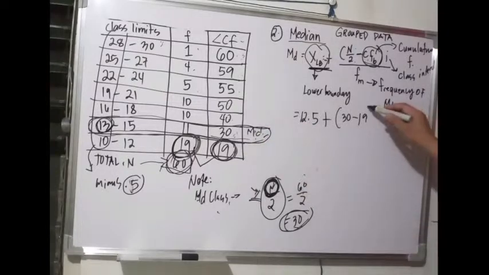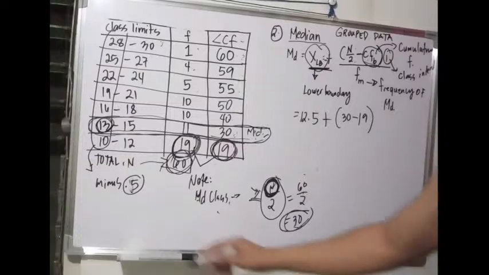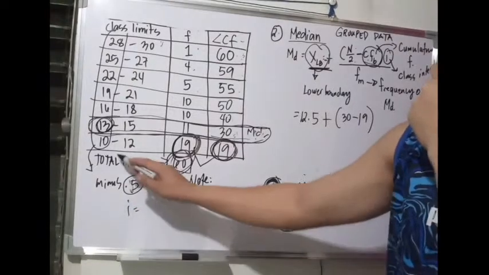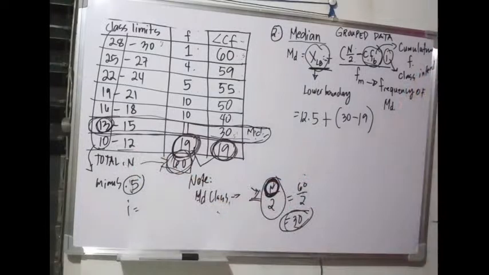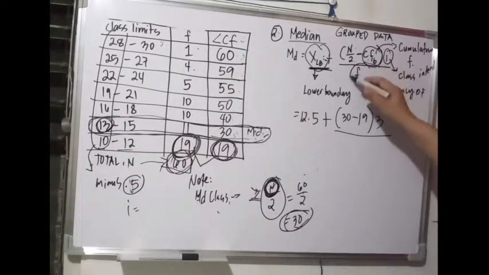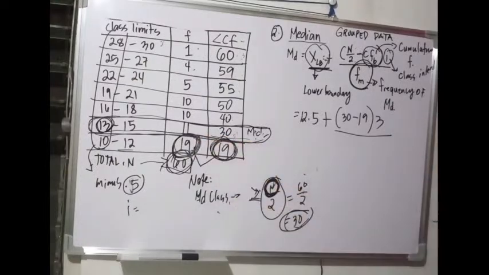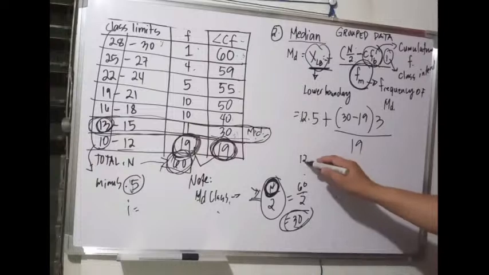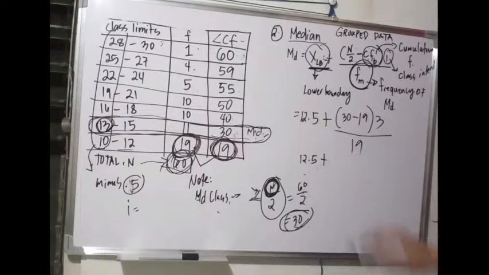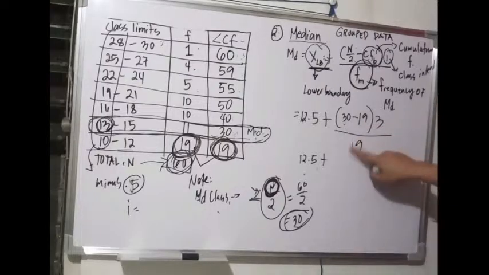So that is 19. How about the value of I? So ang I is the class interval. So 10 to 12, that is 3, over frequency of the median class. Okay, ano yung frequency of the median class? That is 11. So 12.5 plus 30, I know, hindi ito 19.